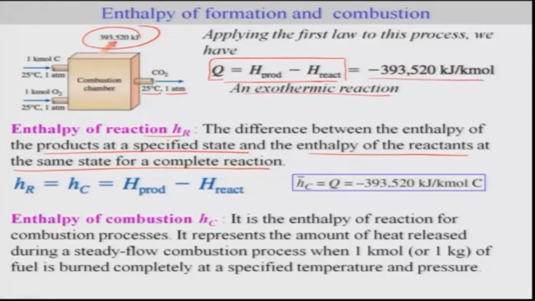So essentially, for the case of this CO2 formation or combustion of carbon at 25 degrees Celsius and 1 atmosphere, where the reactants are also at 25 degrees Celsius and 1 atmosphere, that is the standard state, as well as the CO2, your H_R is nothing but your Q itself, which is minus 393,520 kilojoules per kilomole. Here we have used the bar, which is indicative of your reference as 1 kilomole of carbon.